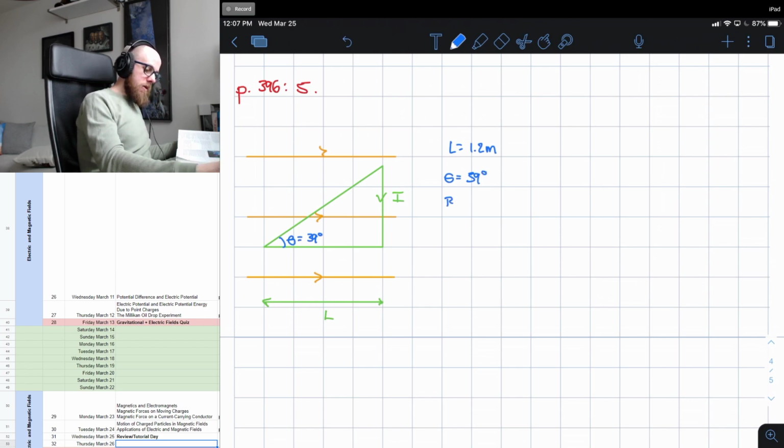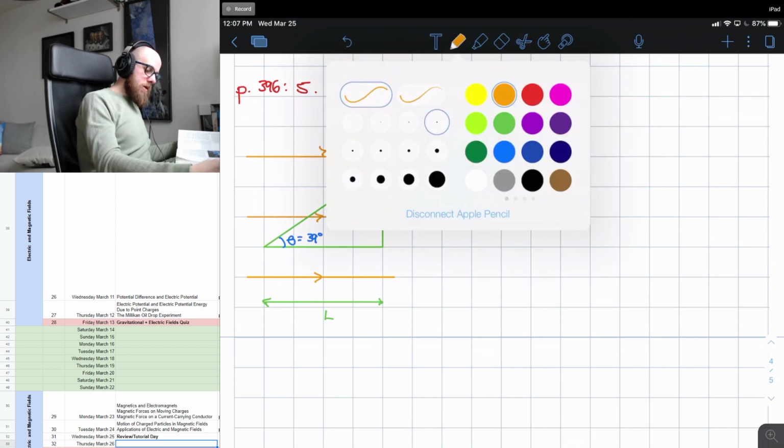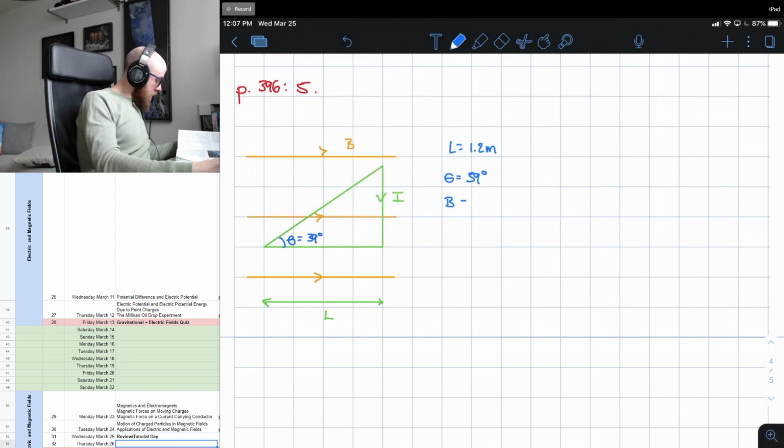The magnetic field, which is these orange lines here, has a strength of 1.6 Tesla. I think that's all we're told. Do we know what I is?